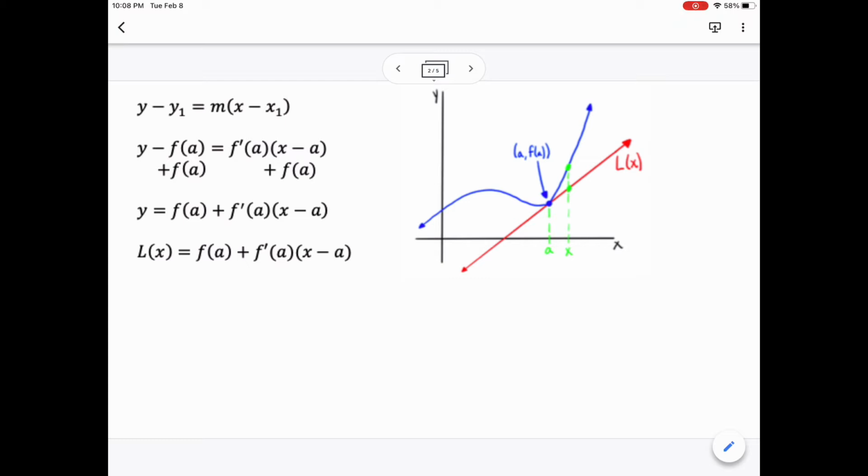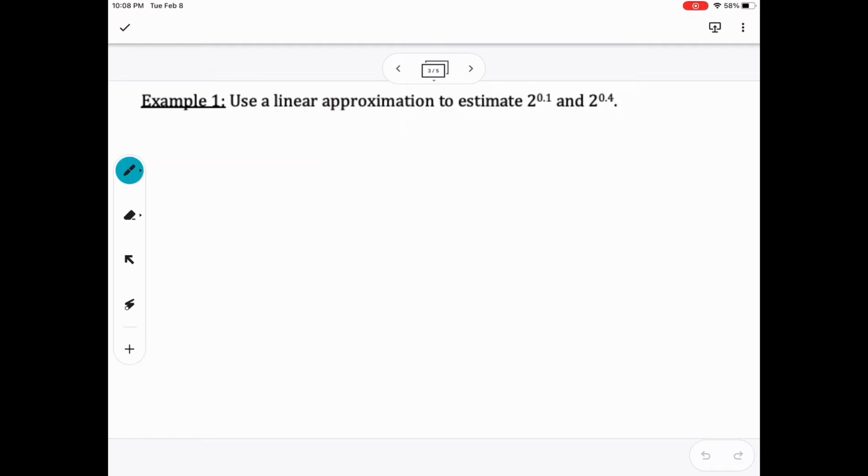Remember that the tangent line represents the derivative, so m is the same thing as f prime of a. Rewriting it, I can find a linearization, or linear approximation equation, which we'll call L, to help me approximate points near a.